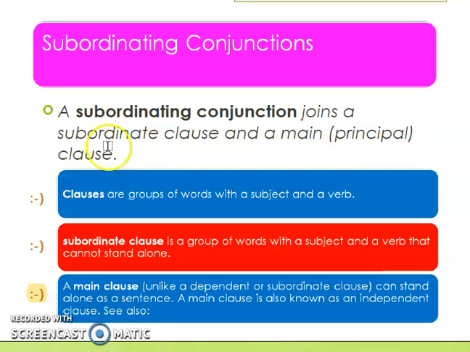You know, clauses are group of words with a subject and a verb. So the joining words which are used to join two clauses, they are called subordinating conjunctions.